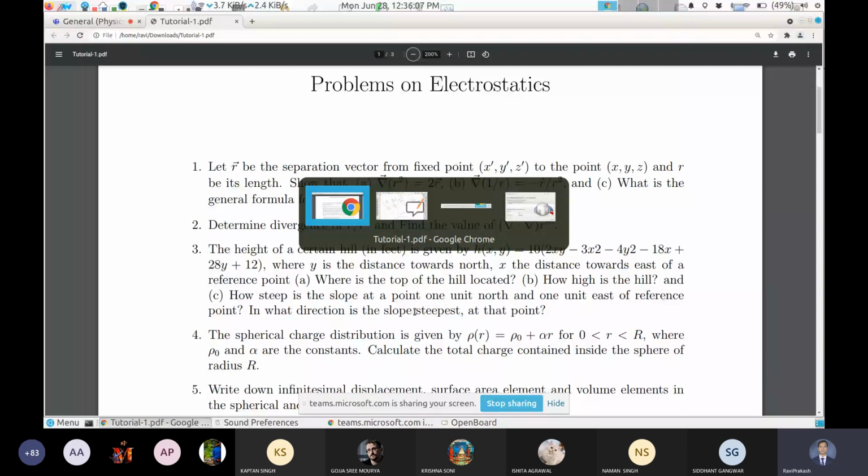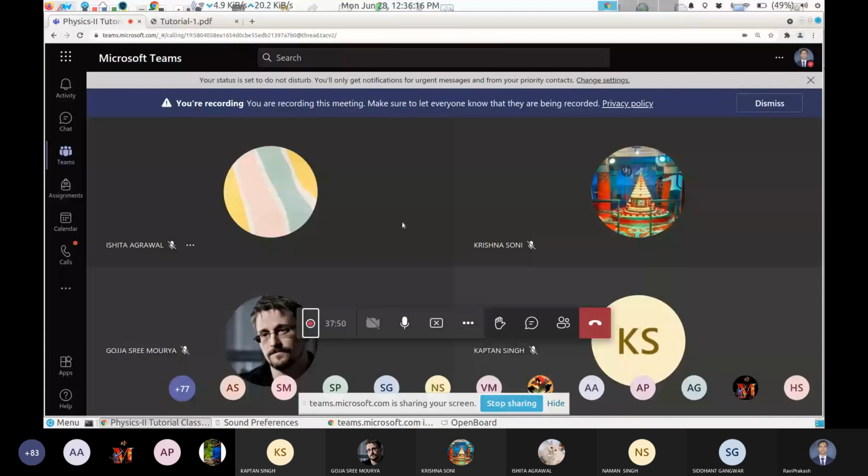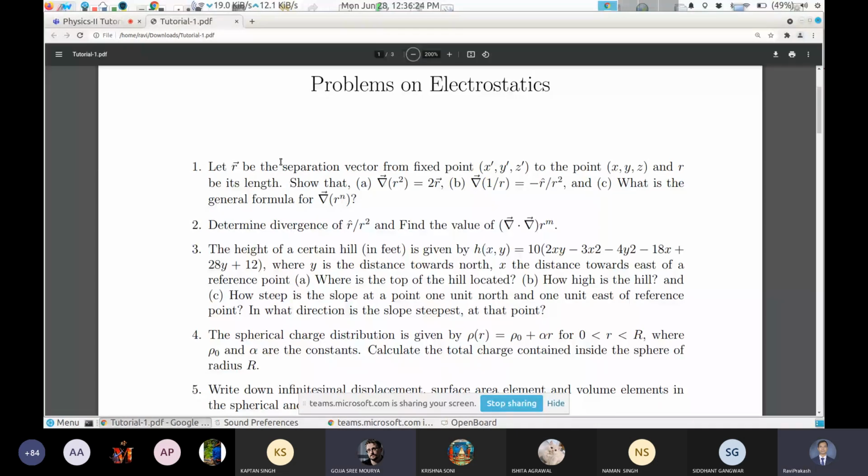Those who have solved it, please reply. So did anyone try to solve part C of problem 3? Sir, normally I solve, sir. How did you solve this problem? What technique did you apply? Not a technique, sir. I took the gradient formula and I kept x equal to 1 and y equal to 1.